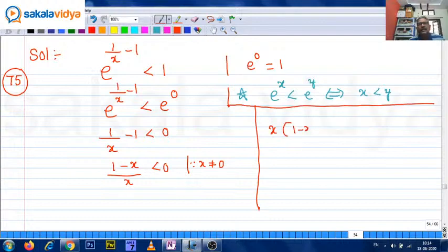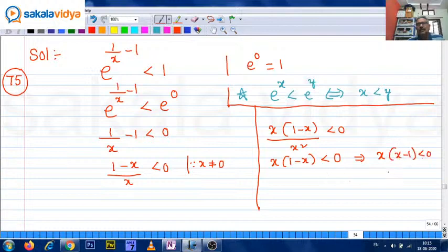X into 1 minus x upon x square less than 0. Cross multiplication: x into 1 minus x is less than 0. Multiply with minus sign, you get x into x minus 1 greater than 0. Here critical points mean x is equal to 0 and 1.